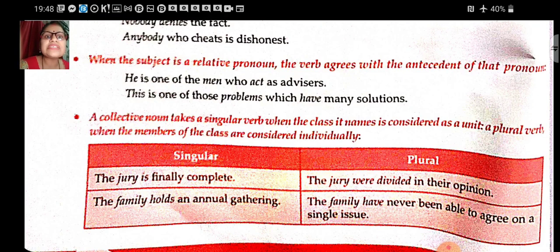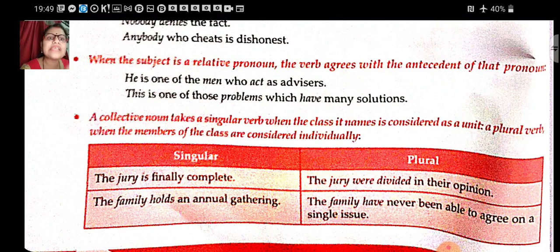For example, the jury is finally complete. Jury itself means they are talking about a group of judges, those who are going to judge something. But if there is any helping verb they are going to use, it will come with is. The jury were divided in their opinion, and this is how it will make your plural.